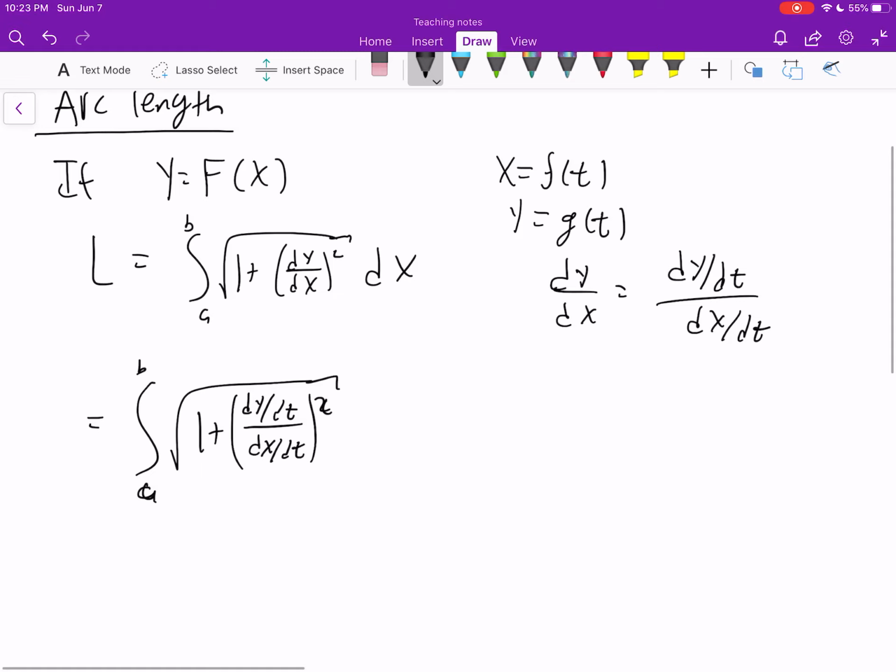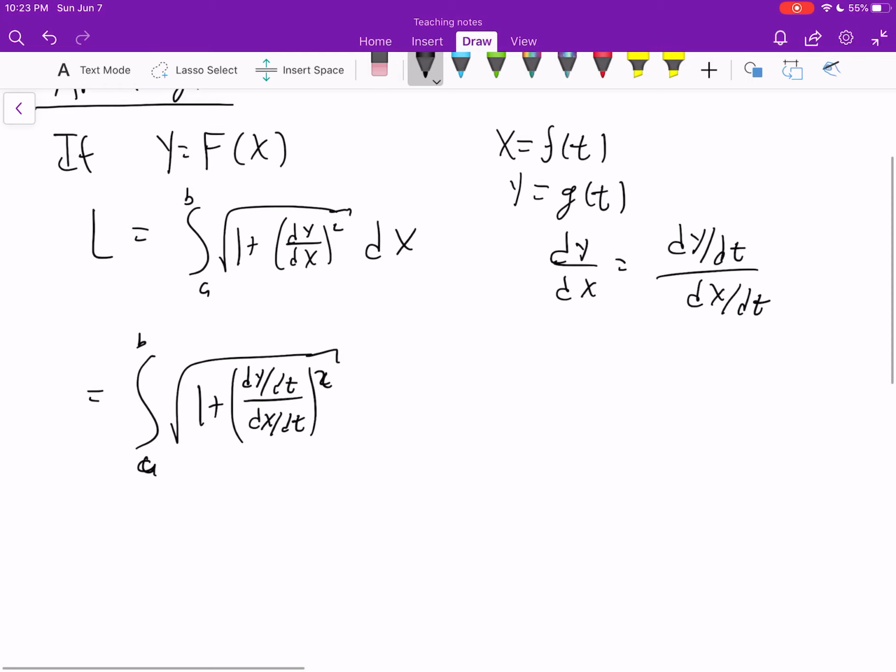And then I need to calculate dx. If I just do the differential, dx is going to be dx dt dt. So instead of writing f prime, I'm just writing dx dt.